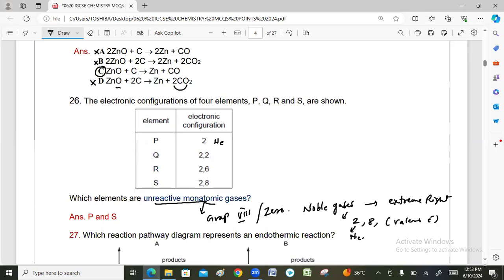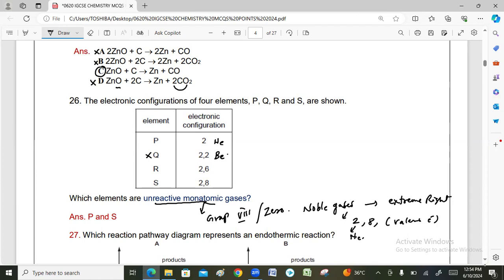Q: 2, although it has 2 electrons in the outermost shell, this is the second shell. The second shell contains 2 electrons, meaning 4 is the proton number, so this is not a noble gas. First element is hydrogen, then helium, lithium, beryllium. This is the electronic configuration of beryllium, and beryllium is in group 2. So Q is not the answer.